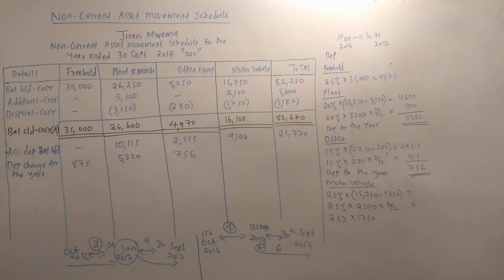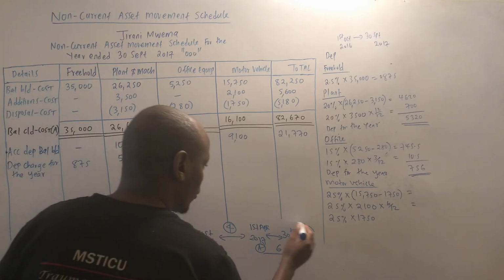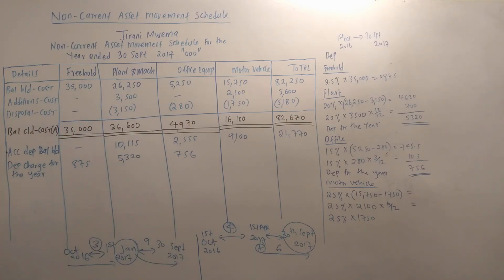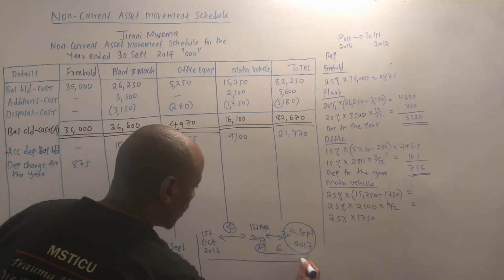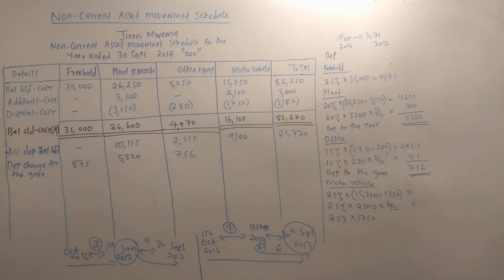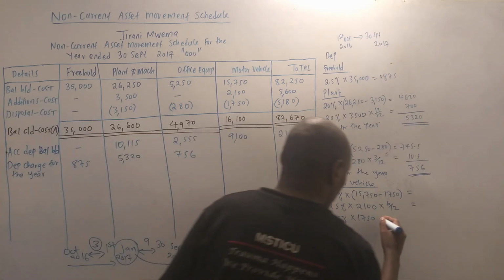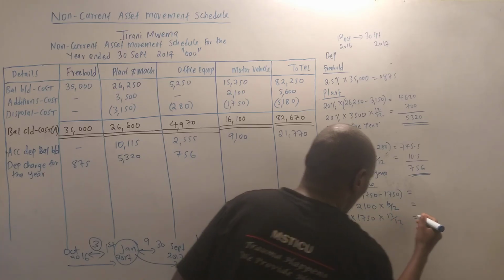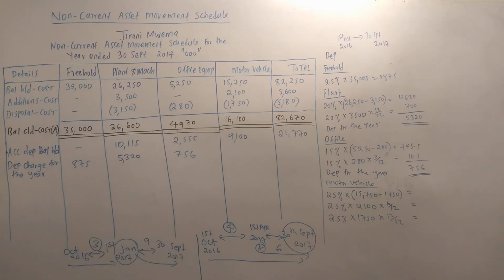But for disposal, they disposed 1750 on 30th September 2017. They disposed of it at the end of that year, meaning it was there throughout the year. So we multiply by 12/12. We sold at the end of the year, meaning it was there from the beginning of the year up to the end.